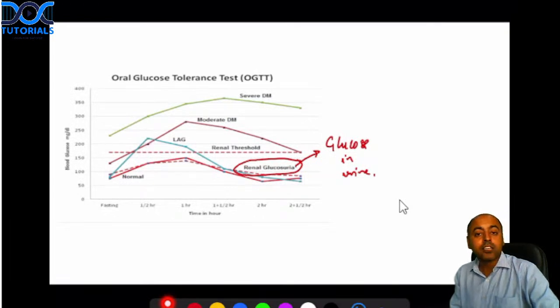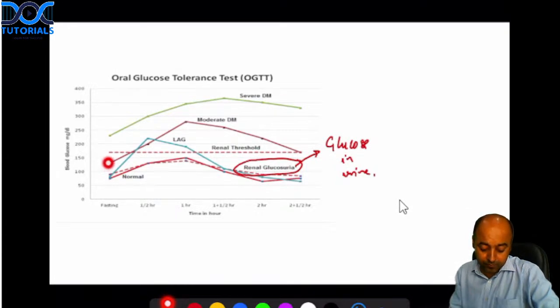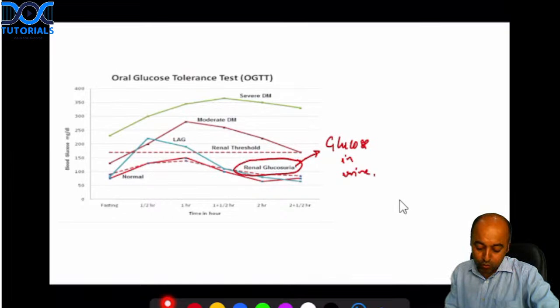On the other hand, there are individuals where you have the fasting value more than 100, the peak value is definitely greater than the renal threshold, and the 2-hour value is greater than 140.